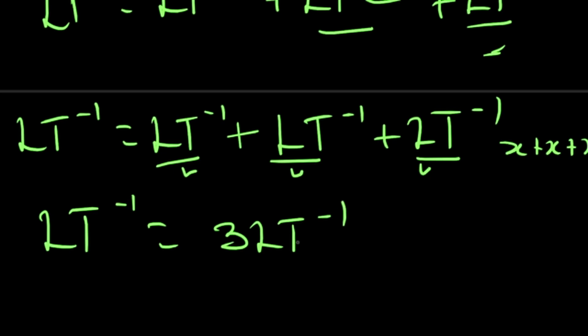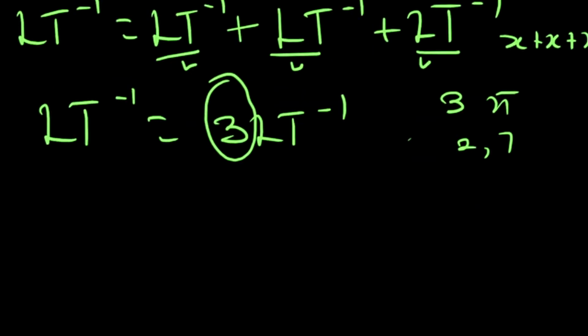But then, in dimensional analysis, constants are dimensionless. When I say constant, I mean numbers like 3, pi, 2, 7, any number is a dimensionless constant. So we can now delete this one. We can eliminate it by throwing it away since it does not have any dimension. And we are now left with LT^-1 is equal to LT^-1.